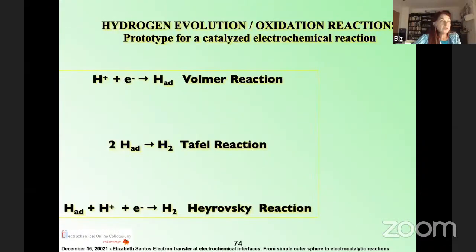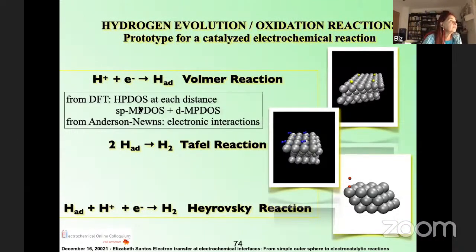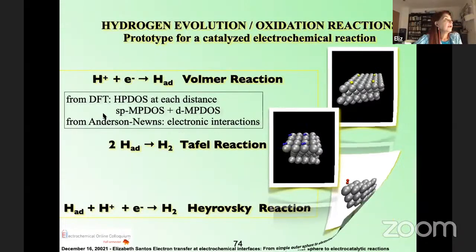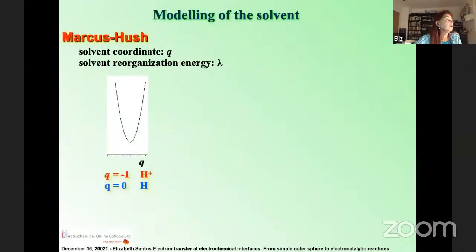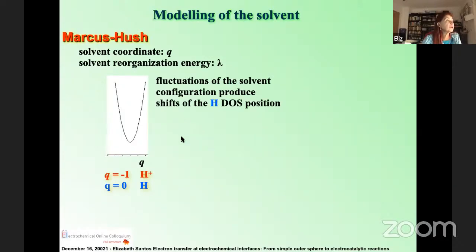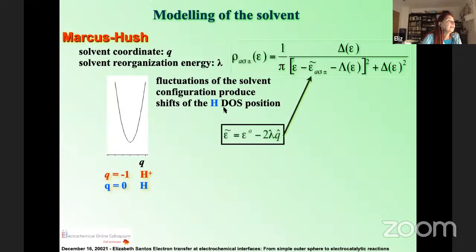With DFT, we calculate how this density of states looks, and from Anderson-Newns, we fit the density of states with the Anderson-Newns equation and calculate the interaction. In the case of the solvent, we assume this parabolic fluctuation of the solvent, and this lambda needs to be introduced in the Anderson-Newns equation.